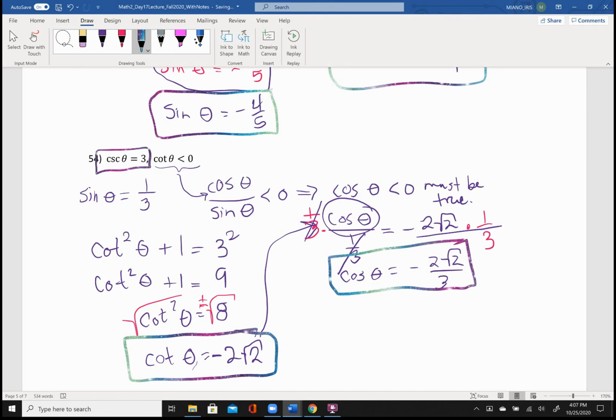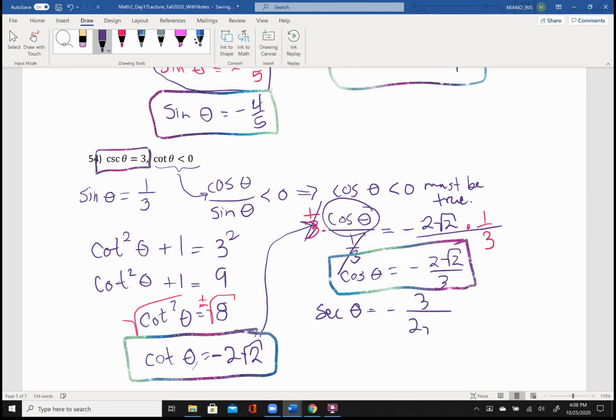And then from here we can get the secant, because that'll just be the reciprocal. So that'll be -1 over 2√2 over 3, or just, sorry, flip it over. I don't need to go 1 over. I don't know why I keep doing that. Just doing it in too many steps here. You don't need this many steps.